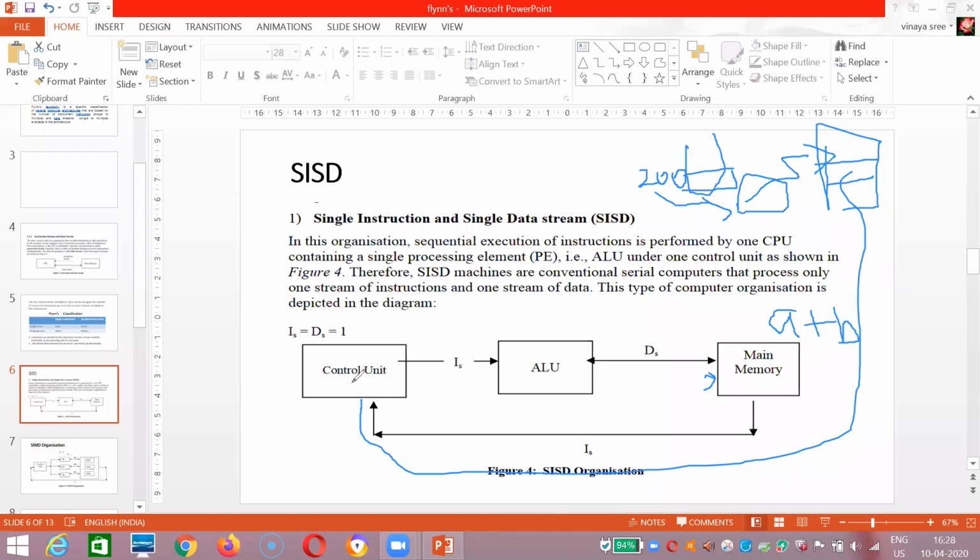After going to the control unit, decoding will be done. After decoding, the instruction found is A plus B. This instruction has to be passed to the ALU for execution.